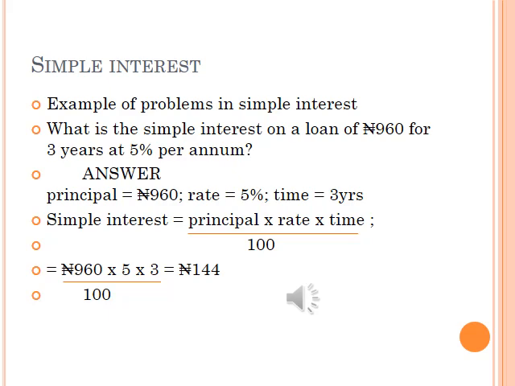Simple interest is principal times rate times time divided by 100, which is 960 naira times 5 times 3 divided by 100, which will give us 144 naira.